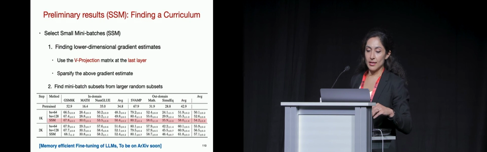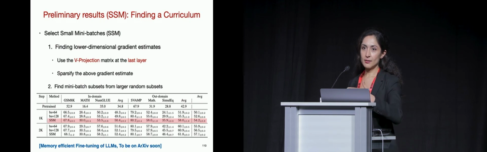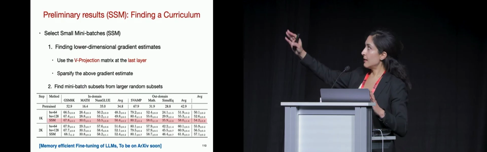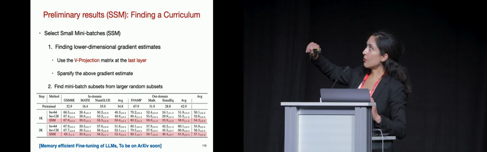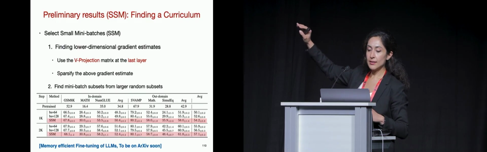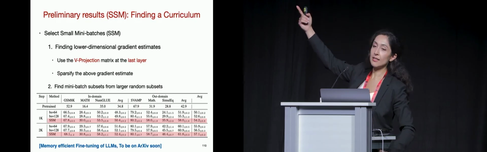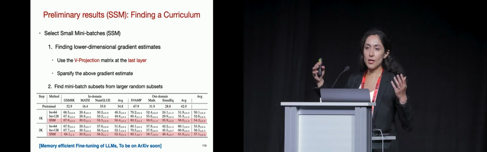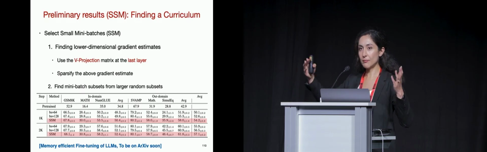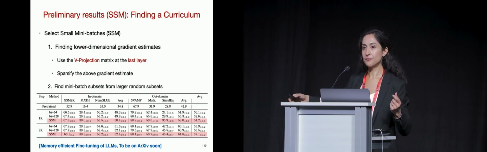And so as you see, this is, again, fine-tuning Phi2 on the MathInstruct dataset. And you see that if we are training for 1,000 mini batches, we can already match the performance of training with large mini batch. That's why we called it memory efficient training, because we are simulating, if you remember, training with large mini batches that requires a lot of memory.